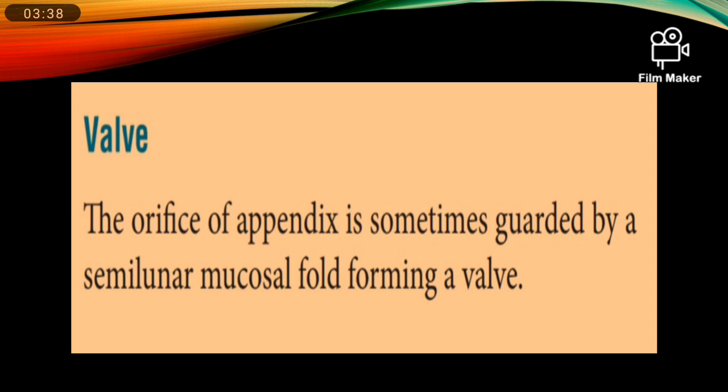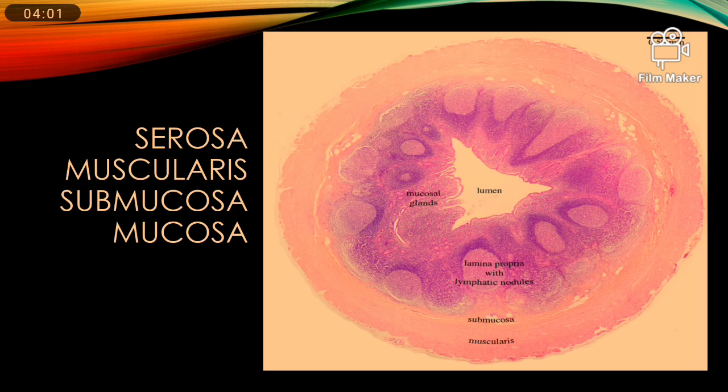The orifice is sometimes guarded by a semilunar mucous fold forming a valve. Not as a rule; each and every appendicular opening will not have a valve. In some cases, the surface epithelium, the most superficial layer of the mucosa, has a fold, and that fold forms a valve-like structure.